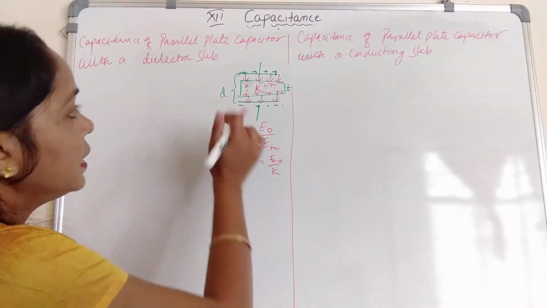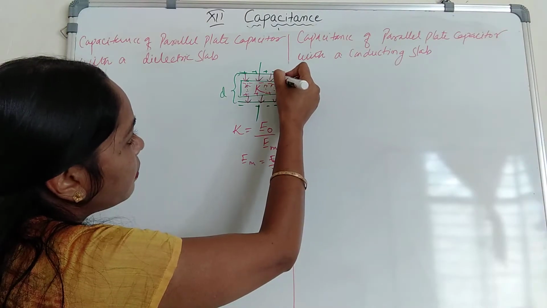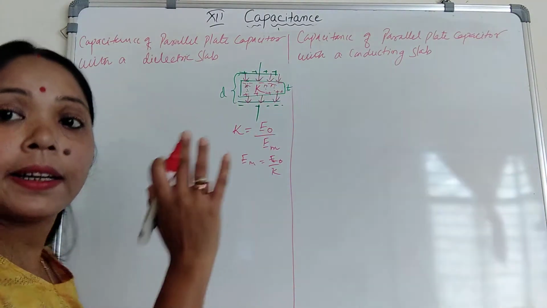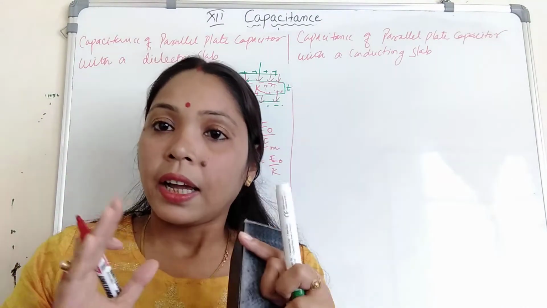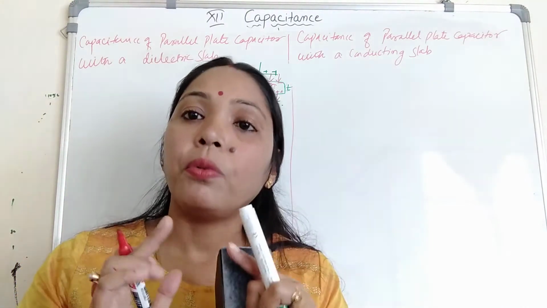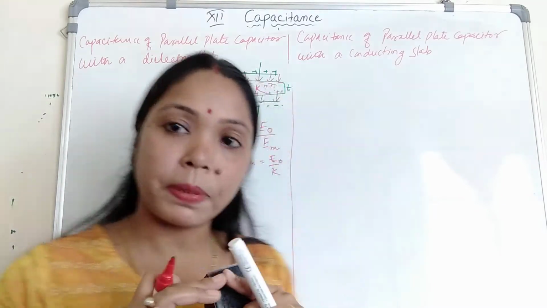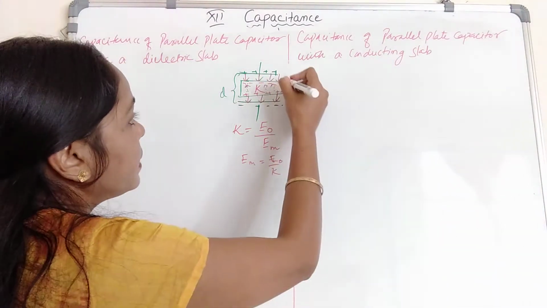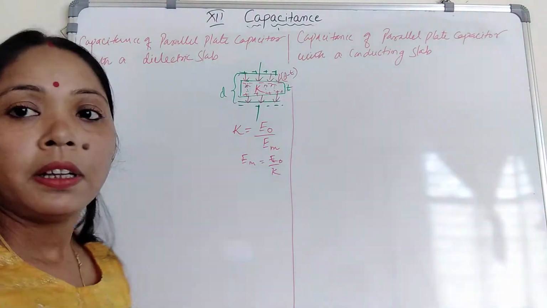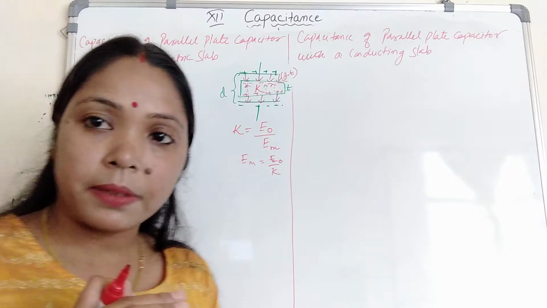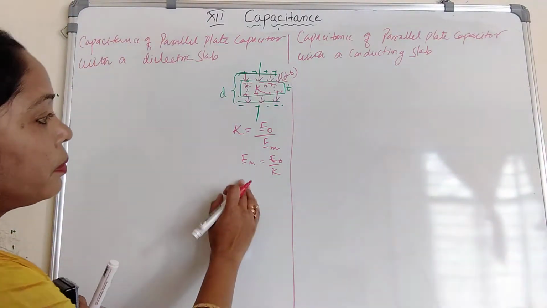Now let's start. If you see this thickness, what will be the part containing air? I mean to say, we have to see the part where air is present in the parallel plate capacitor. Air is present only in the portion of d minus t. So in the d minus t portion, the air is present. So what we have to do?